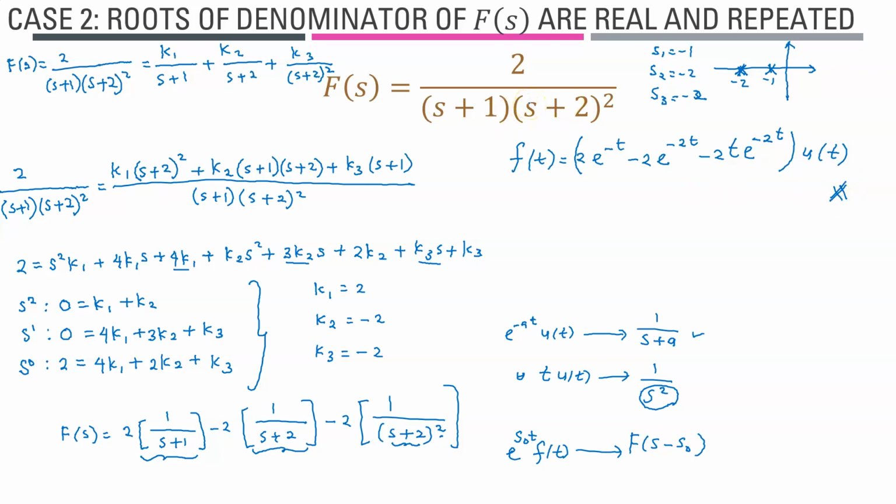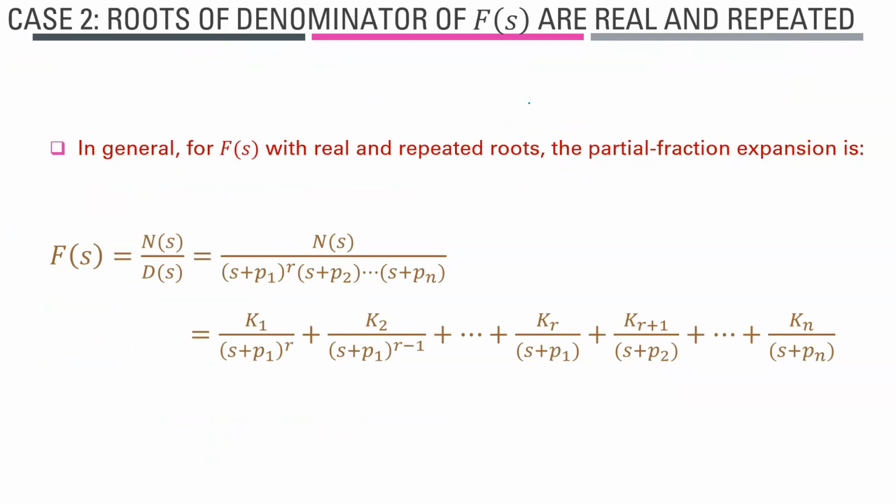So in general form, if you have real and repeated roots for the denominator of F(s), this is the repeated part. You will have the partial fraction like this, where you have the repeated roots, you have to repeat, starting from the highest order and then minus 1 until the power of 1.